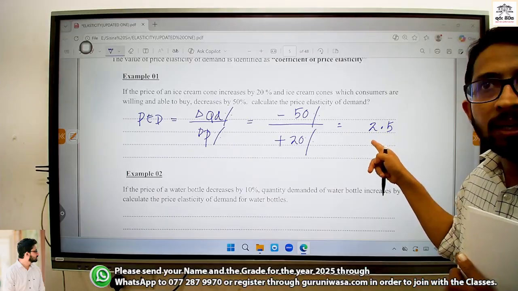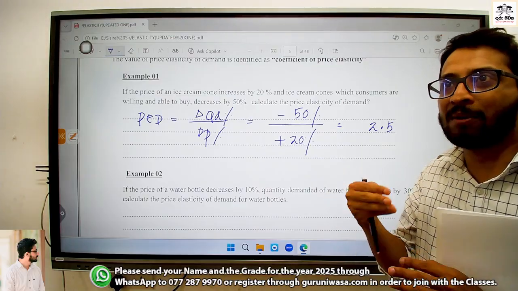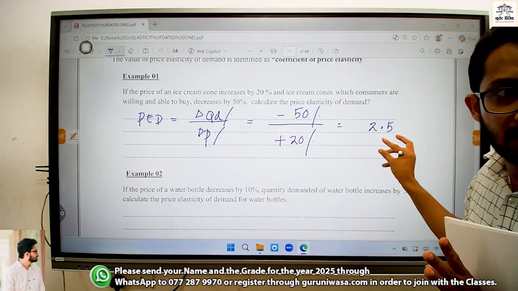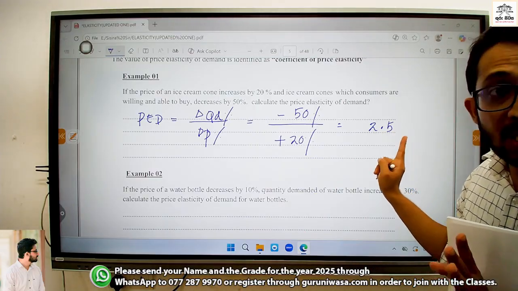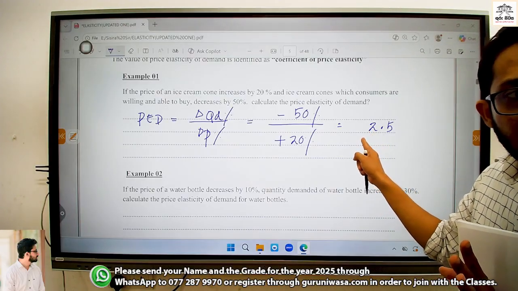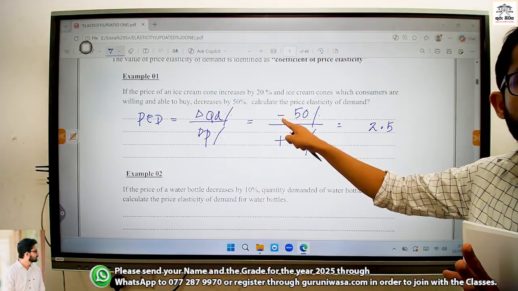Okay, Lama. Elasticity value does not have a percentage or rupee value. It's just a number, but the positive or negative sign is so important. Here, is it positive or negative? Negative. Why? When price increases, quantity demanded decreases.